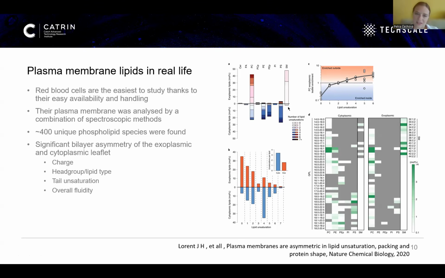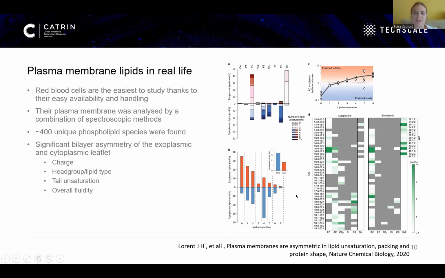Whereas in the cytoplasmic leaflet, the leaflet that points inside of the cell, we can see that there is almost no sphingomyelin. There are the charged PS lipids, PE lipids, and also some PC lipids. But what you can see is there is more unsaturation. So there are the 4 unsaturations, which are the omega-6 fatty acids.